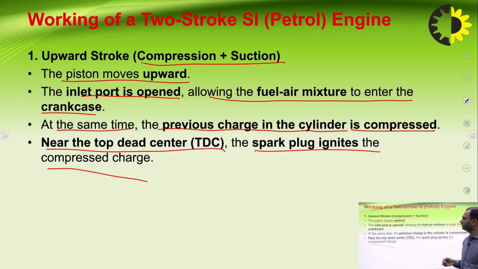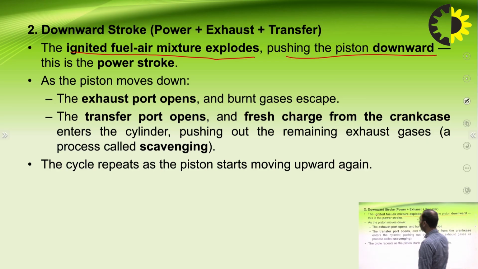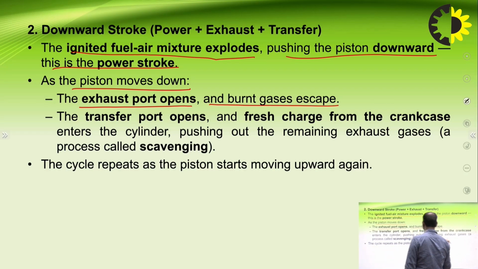In a 2-stroke engine, in the upward stroke there are 2 processes, compression plus suction, whereas in the downward stroke there are 2 processes, power and exhaust. In the downward stroke, the ignited fuel air mixture explodes, pushing the piston downward, and this is the power stroke. As the piston moves down, the exhaust port opens and burnt gases escape.